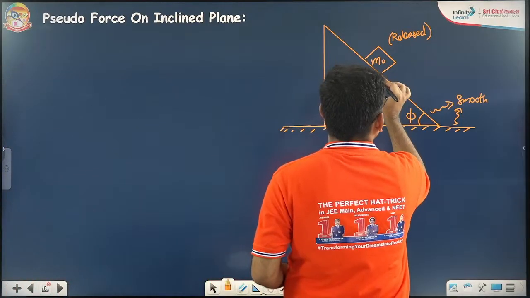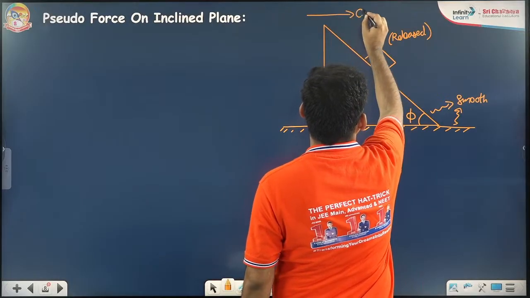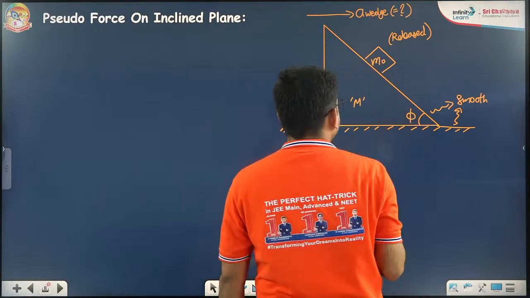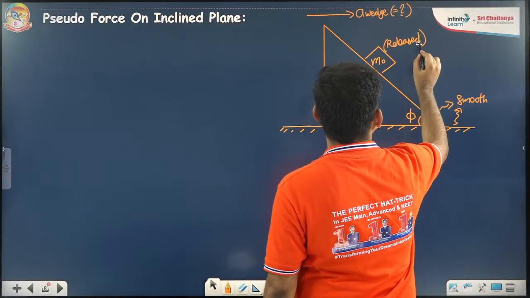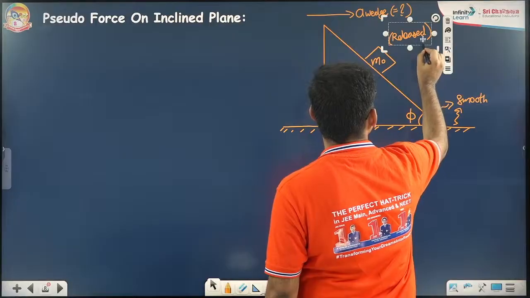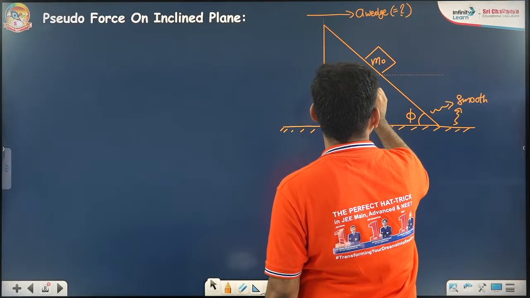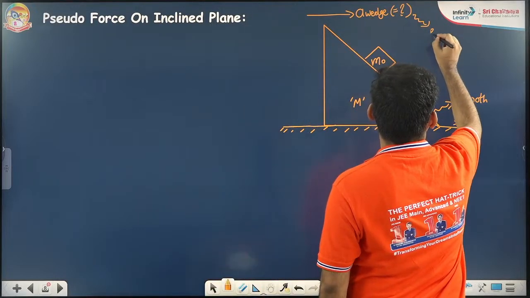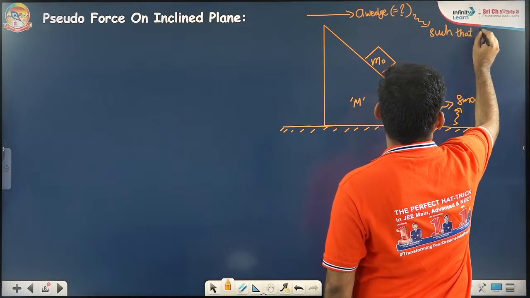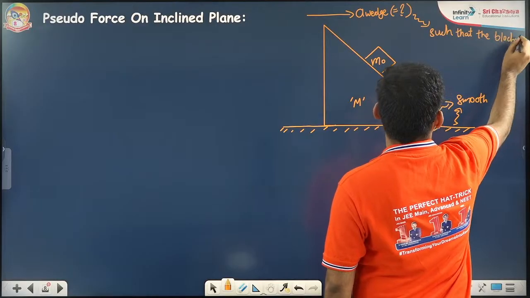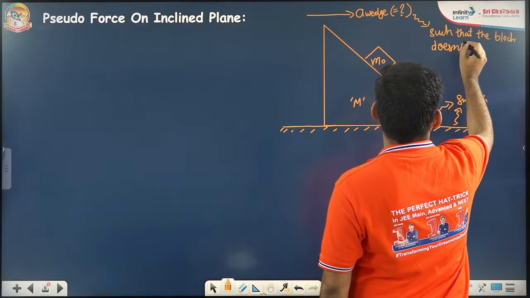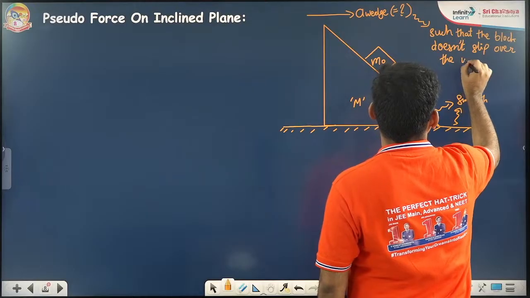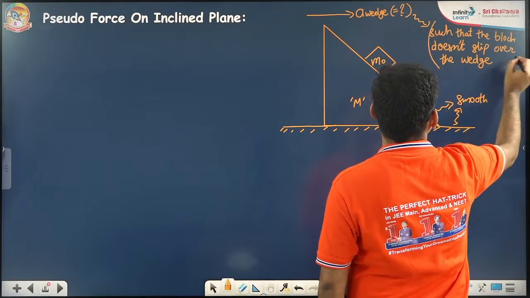This time, the examiner is asking me to determine the acceleration of the wedge such that the block doesn't slip over the wedge.